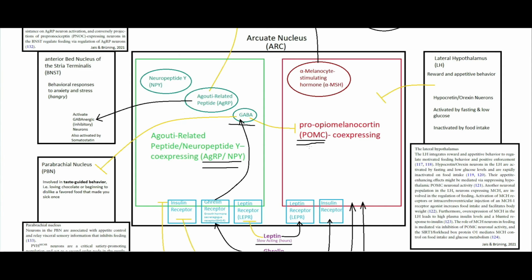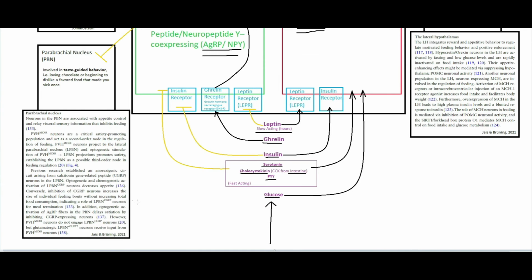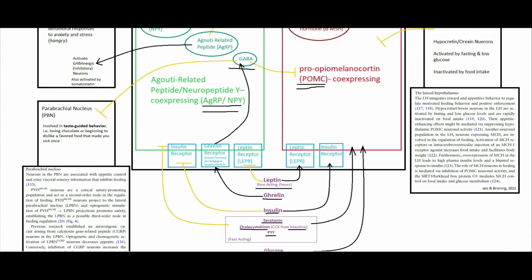As I said, this GABA from the start eating neurons will inhibit the stop eating neurons. It also inhibits the parabrachial nucleus. This comes from a paper which will be linked in the description down below, a 2021 review article. I'm not going to read this whole thing, but this is sort of my interpretation.